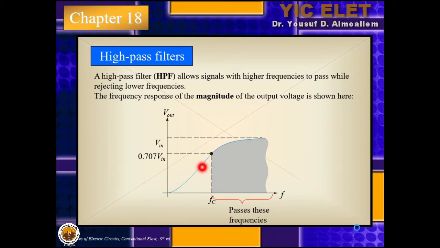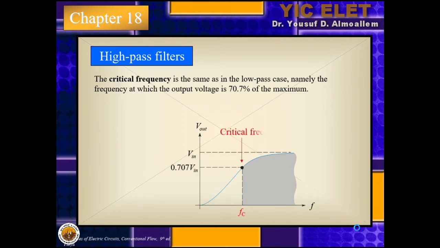Here the voltage is very low, and it will reach the critical point, then keep increasing until it reaches Vin. So after this FC, the V out is approximated by Vin, and at the FC, the V out will be equal to 0.707 Vin, and below the FC, the V out will be very small.